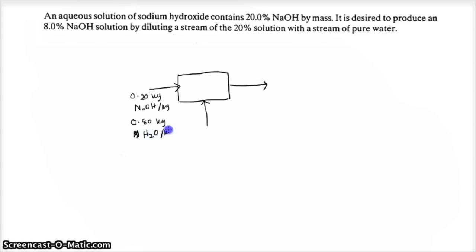H2O per kg. What comes in is also water, so we can put it as M1, which is in kilogram of H2O. Since water is pure, we don't need this.